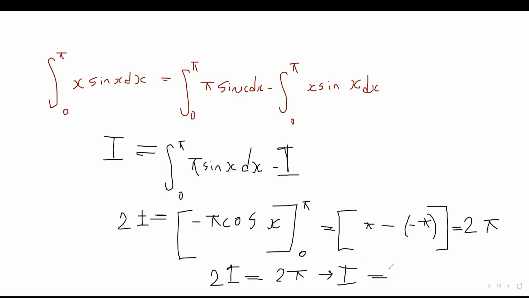But remember, what did we call I? I was this integral right here. All right, so you have to tell them where I is equal to the integral from 0 to pi of x sine x. So that proves that the integral from 0 to pi of x sine x dx is equal to pi.